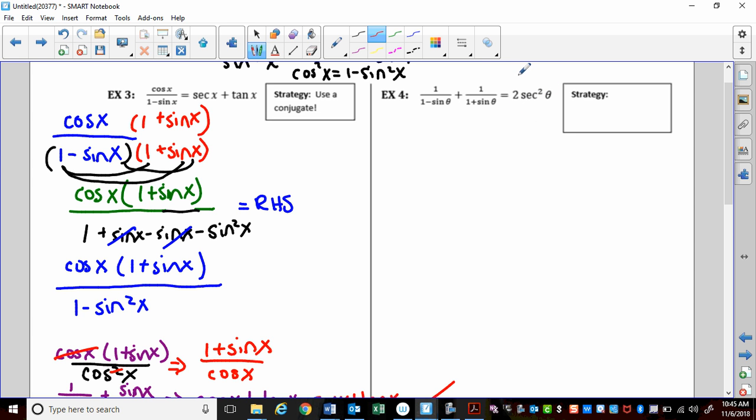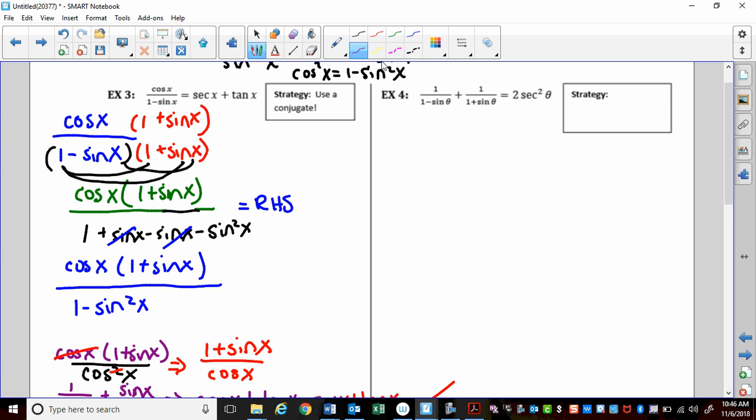First, let's combine these rational expressions. But in order to do that, they have to have a common denominator. So we've got to multiply this one by 1 plus sine of theta and this one by 1 minus sine of theta. We've got to multiply them by their opposite denominators.